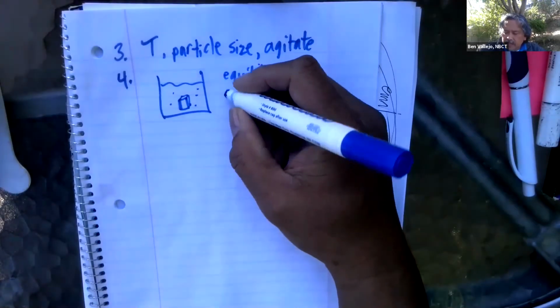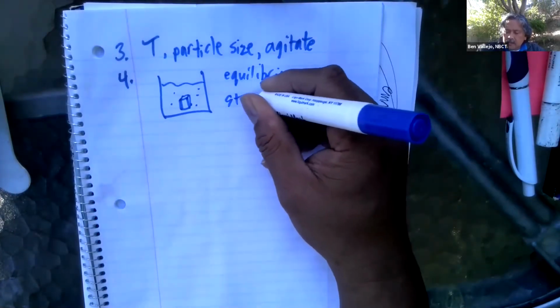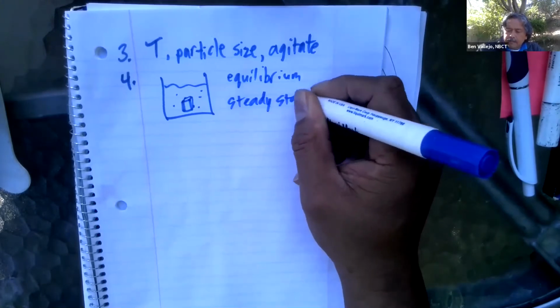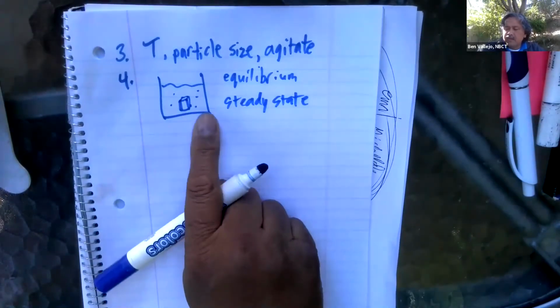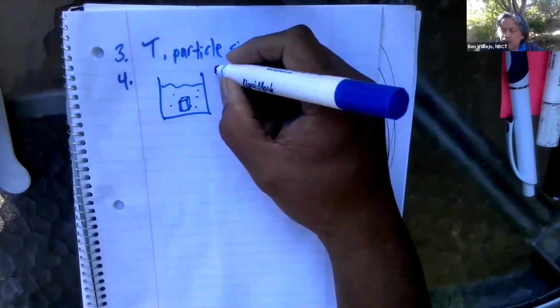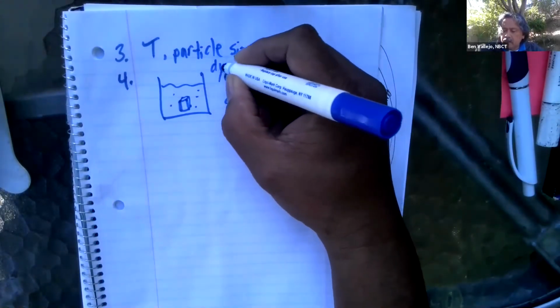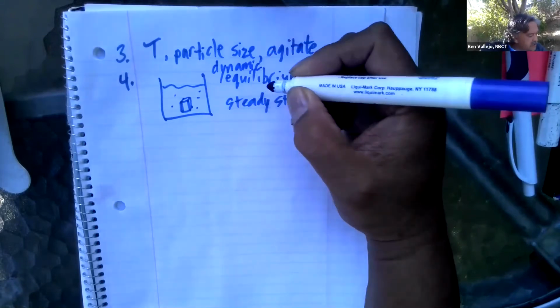So we sometimes call that a steady state. Because things are moving back and forth, it's not just an equilibrium, but sometimes we call that a dynamic equilibrium. Does that help answer the question?